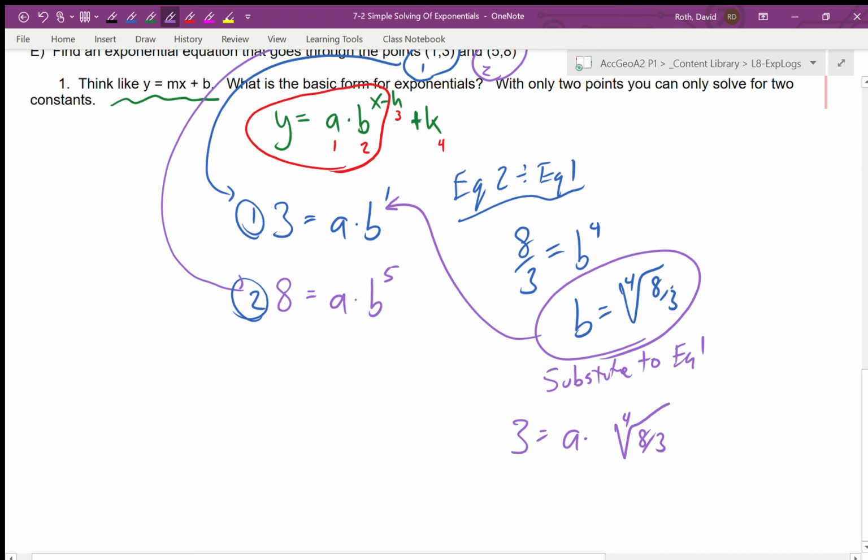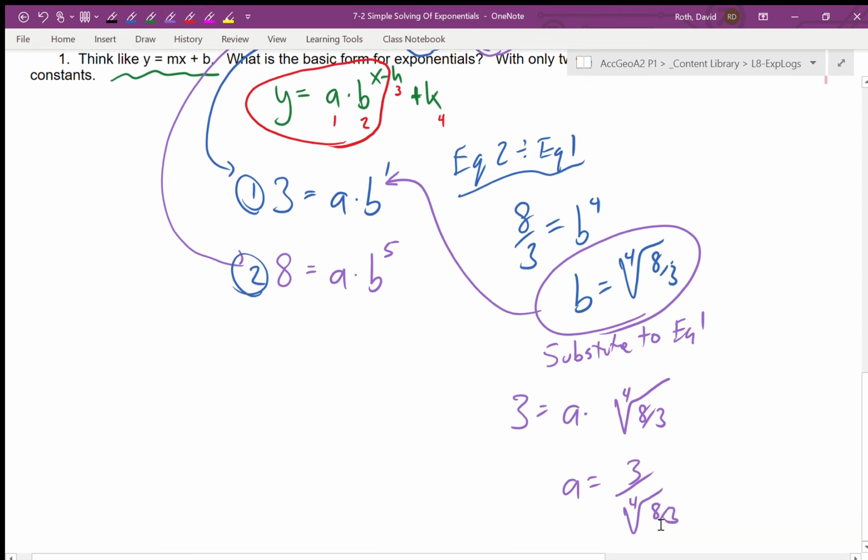So A is equal to 3 divided by the 4th root of 8/3. Now, I shouldn't leave it like that, but those are my A and B coefficients. You can get decimals if you want. That's trickier, I think, than most of the ones you'll have on your homework assignment, but that should get you through your assignment. So good luck with it, and what's good saying?